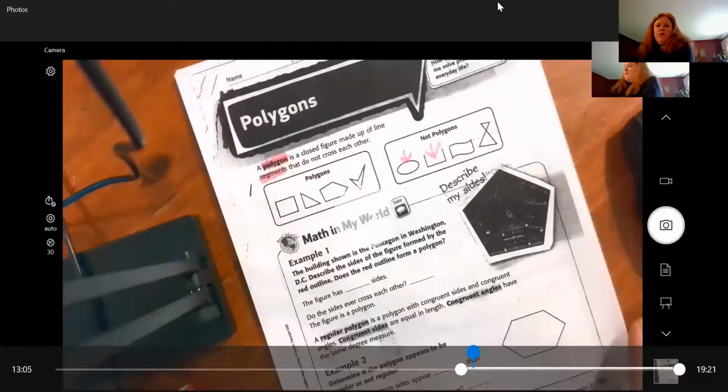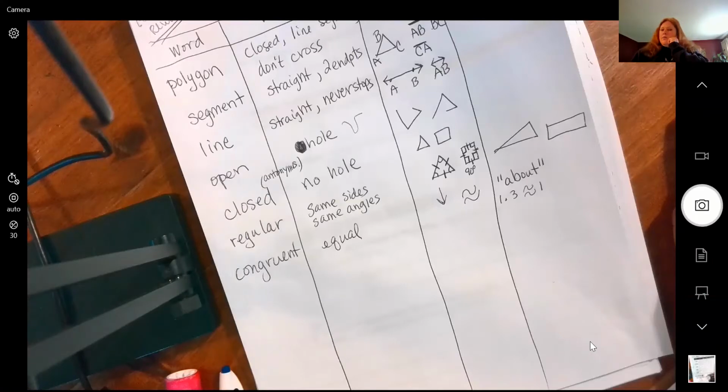And we're going to start with our, hold on, I got to find my camera. There we go. We're going to start with our vocabulary.